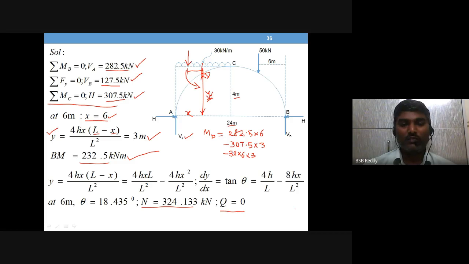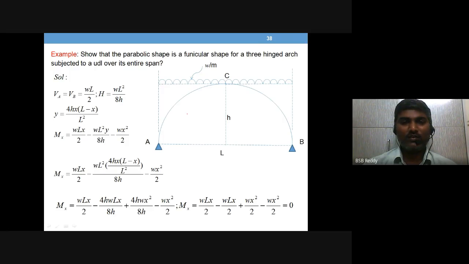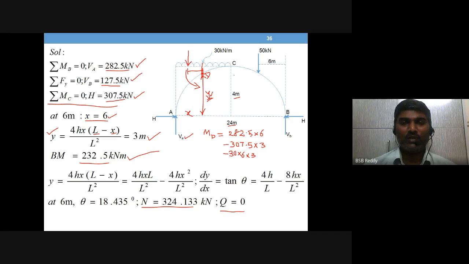So we have derived the relations for n and q earlier in the discussions. So what are those equations, if you see just once? This is the equation for n and this is the equation for q. Now we are going to use these two relations. So let me go back to the section where you want these n value and q value.